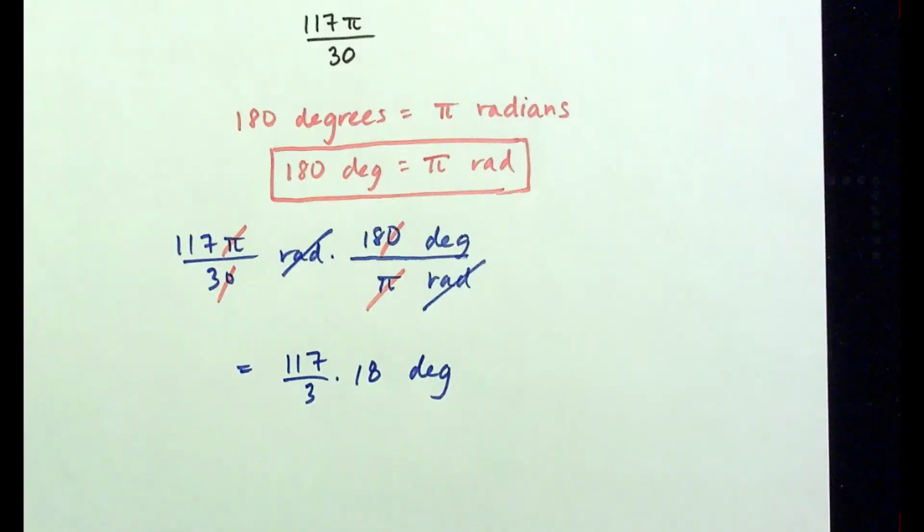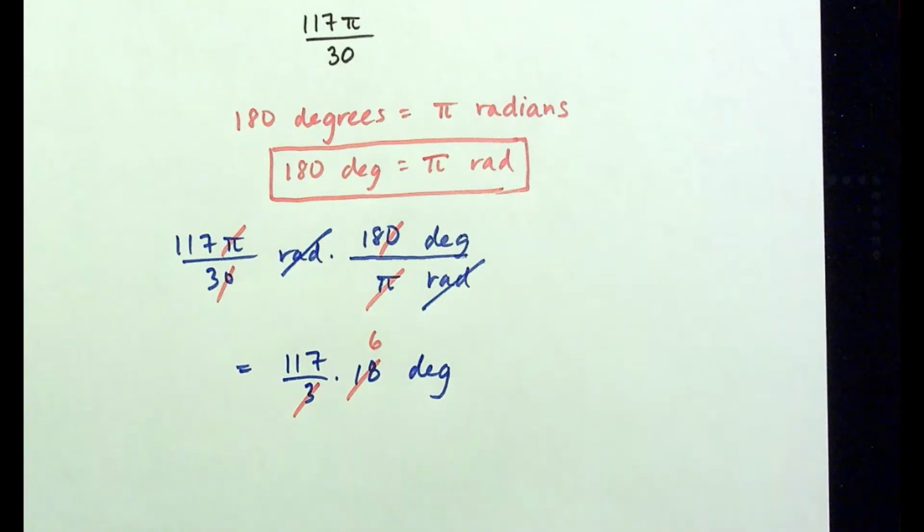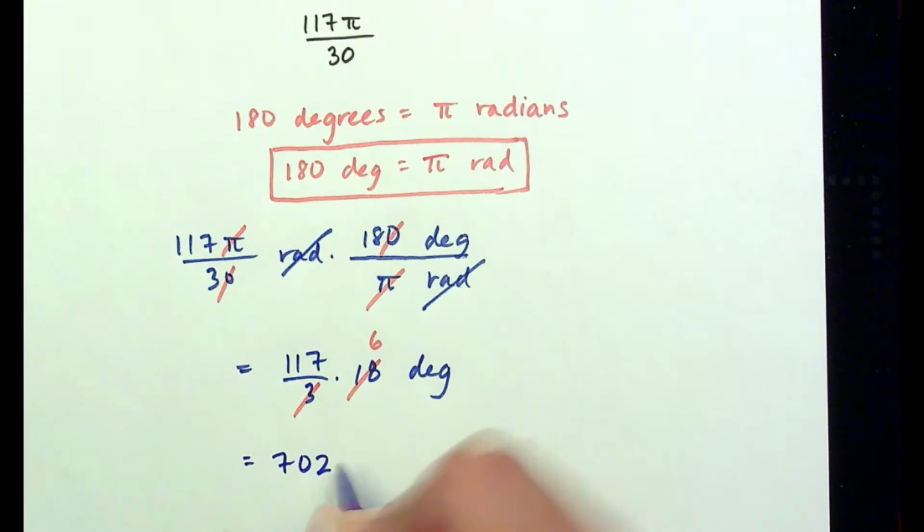We can cancel a 3, so that would be 6 right there. And then the answer would be 117 times 6. Let me put that in the calculator real quick to see what that is. 117 times 6 is 702. So this is 702 degrees.